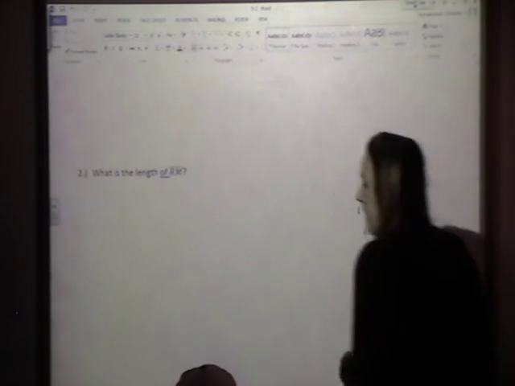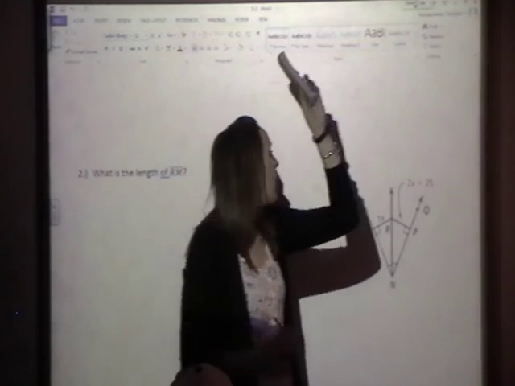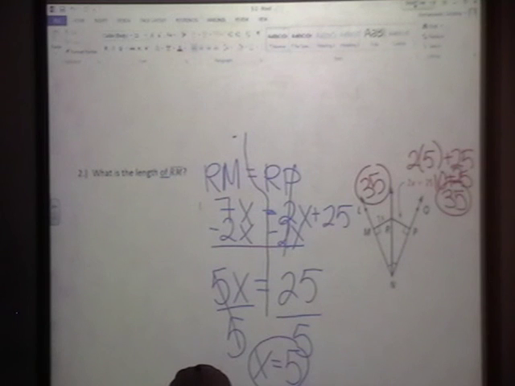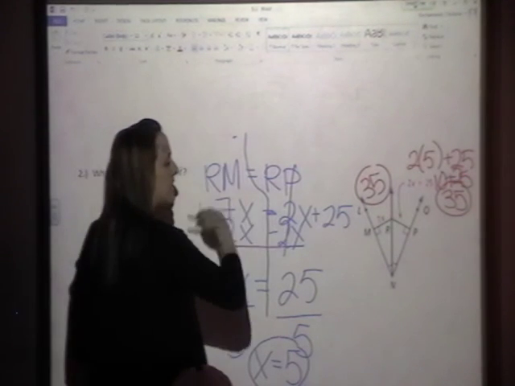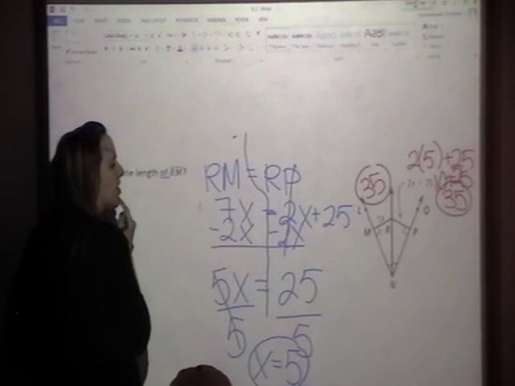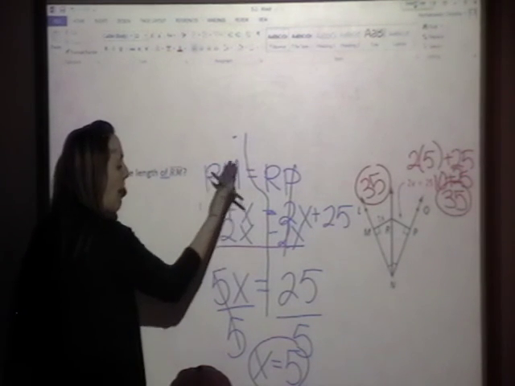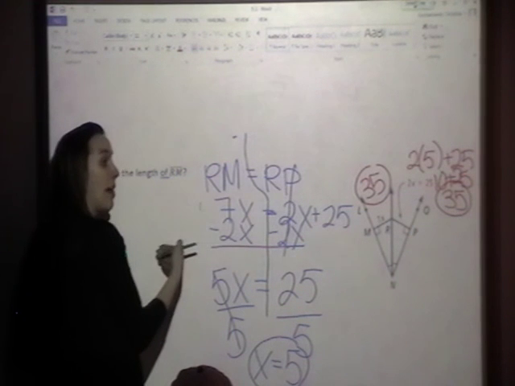All right. So when you set them equal, we're saying that they are equidistant, that they're the same distance. So Rm is equal to Rp. I've substituted. I plugged in what I did know. So Rm is 7x and Rp is 2x plus 25. I already had an x by itself on the same side of the equal sign, so that's why I brought the 2x over.